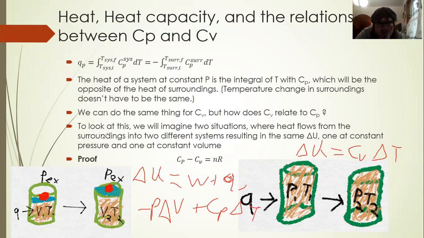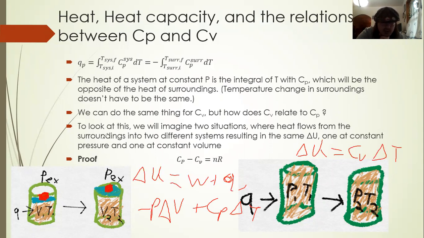Well, here's a handy thing. We don't know the pressure or the volume, but we can relate them with PV equals nRT.